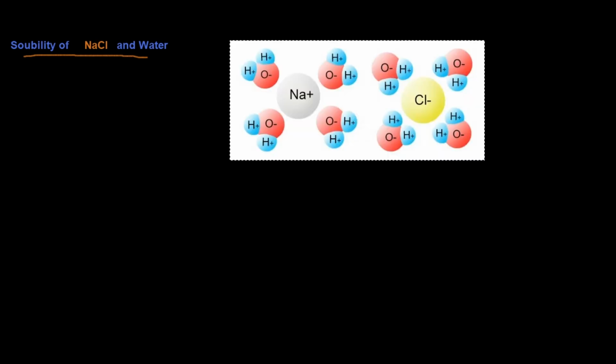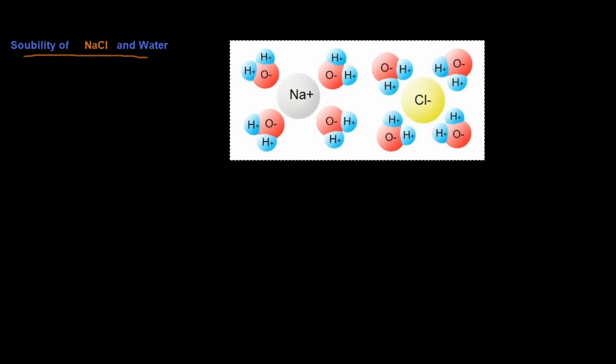Now we will study the solubility of sodium chloride in water, that is, why sodium chloride, or common salt, or table salt, is soluble in water. The polarity of the water molecule enables water to dissolve many ionically bonded substances.